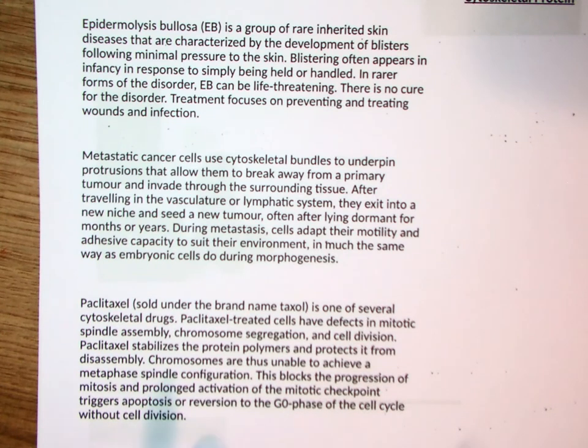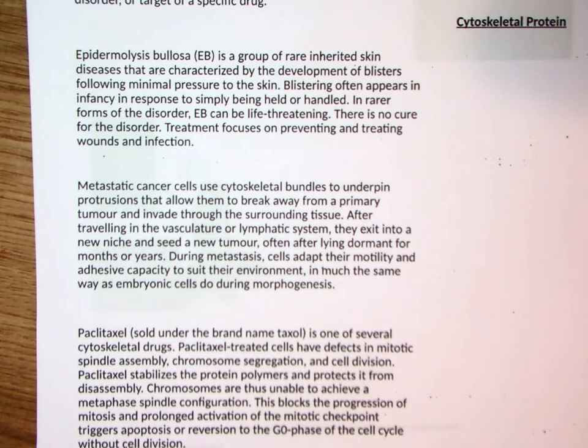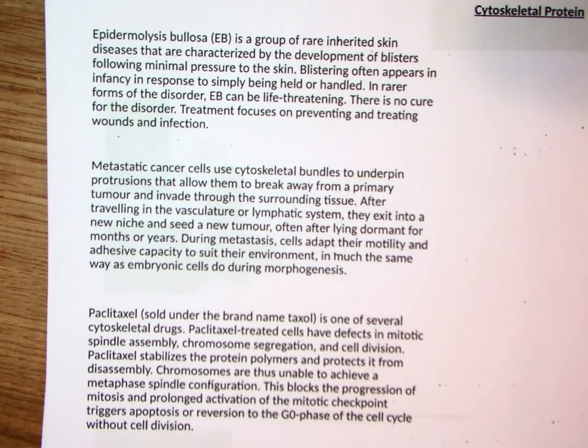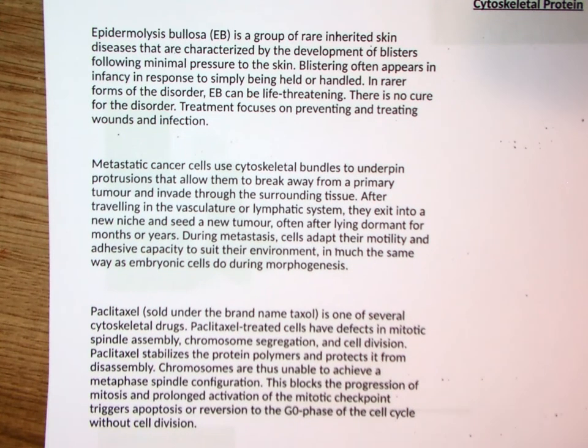If you want to pause and read through them on your own right now and try to decide what goes where, microtubule, actin, or intermediate filament. But I'm just going to go ahead and read through it and give you the answers. So, epidermolysis bullosa, sometimes called EB, is a group of rare inherited skin disorders that are characterized by the development of blisters following minimal pressure to the skin.